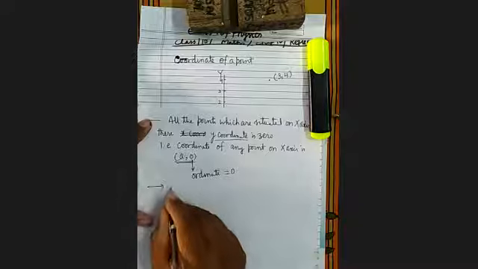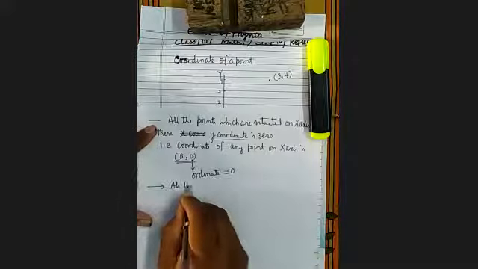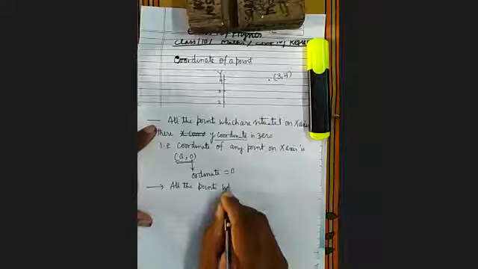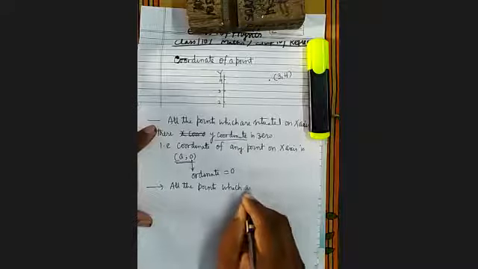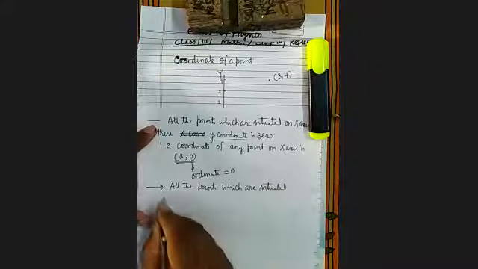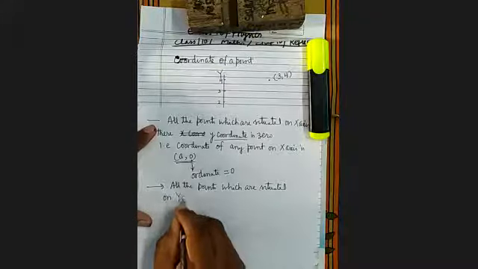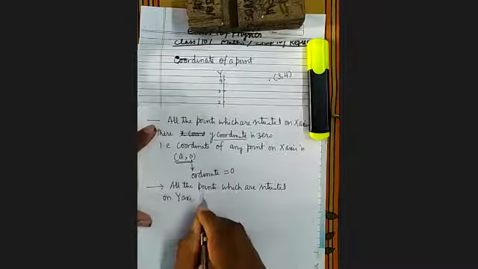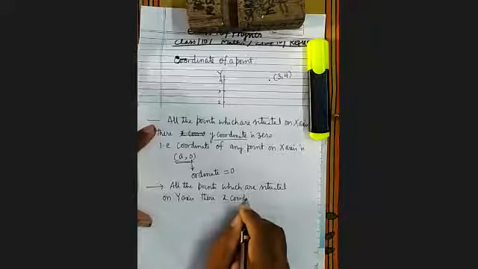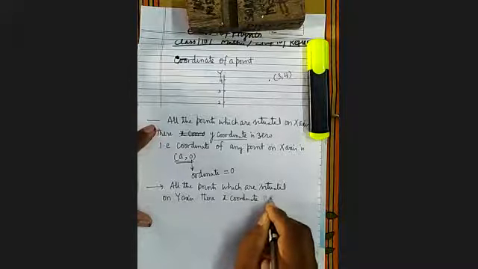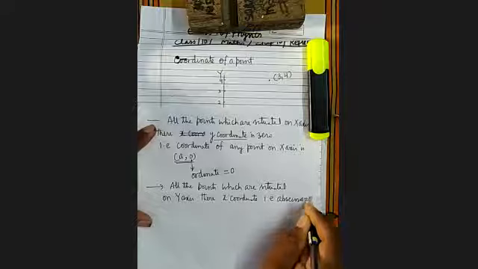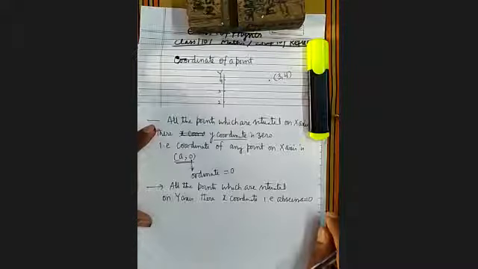Similarly, all the points which are situated on the y-axis, their x coordinate, that is abscissa, will be 0. उनका abscissa क्या होगा, 0 होगा.